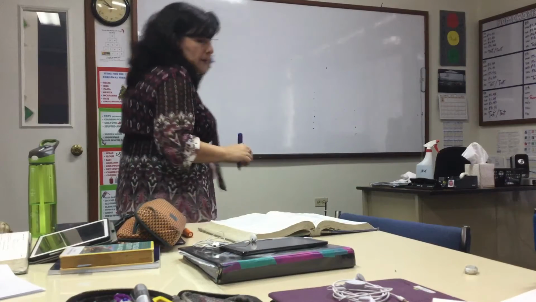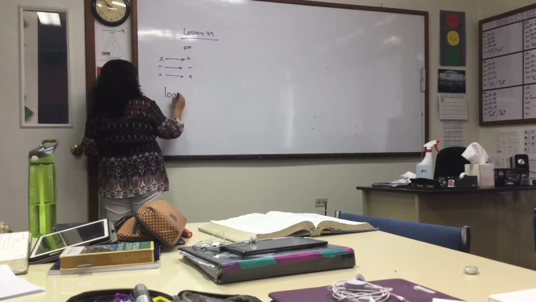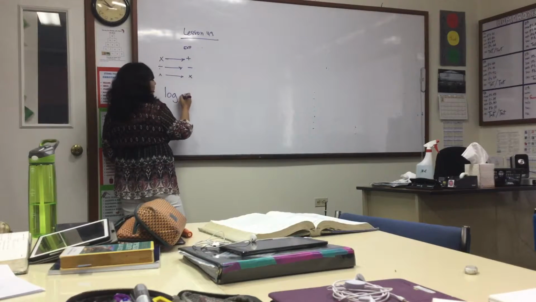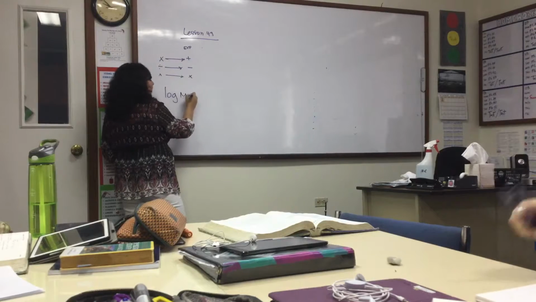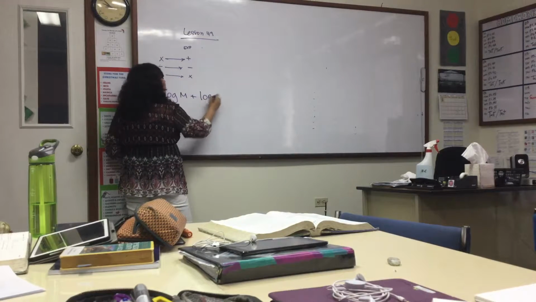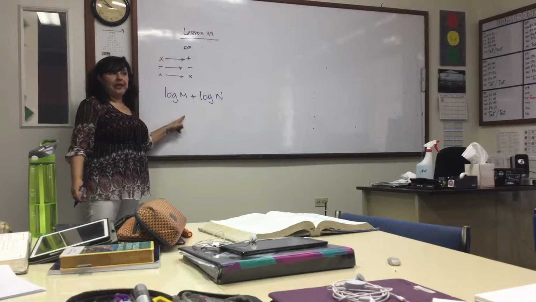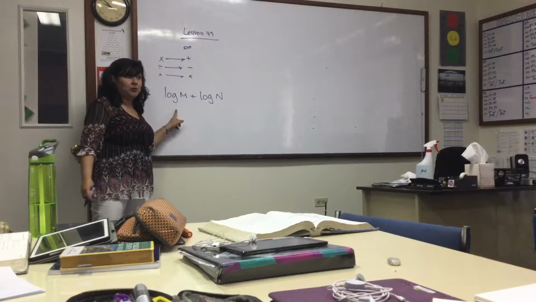So, if we have logarithm, assuming it's the same base, but in this case it's going to be base 10. Logarithm of m plus logarithm of n, these are added, right? And you remember that both of these represent exponents, don't they?